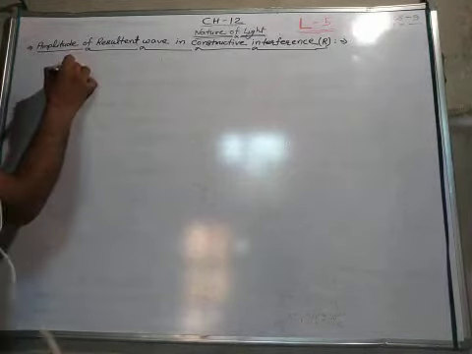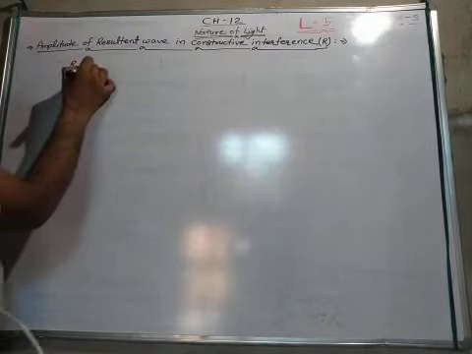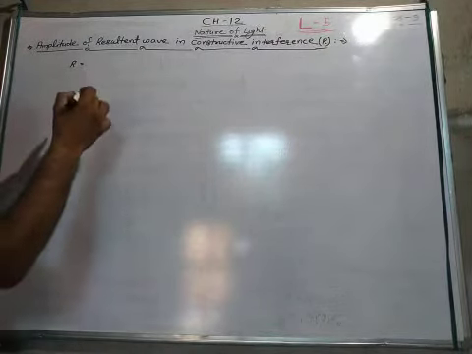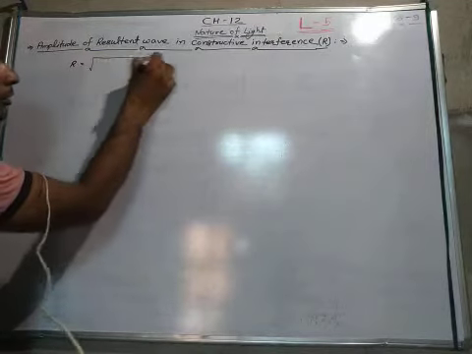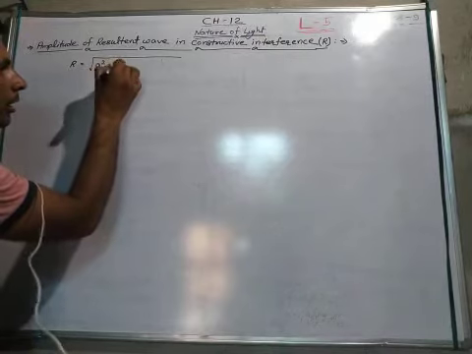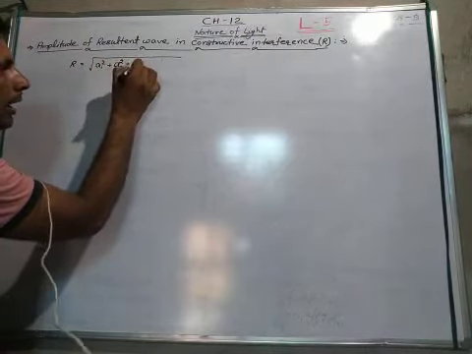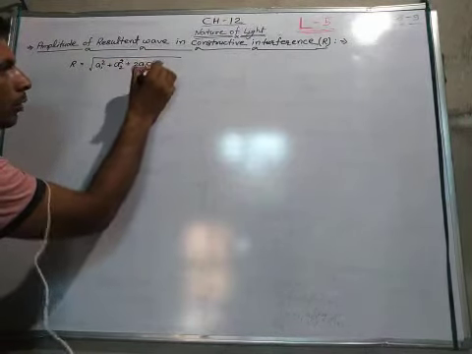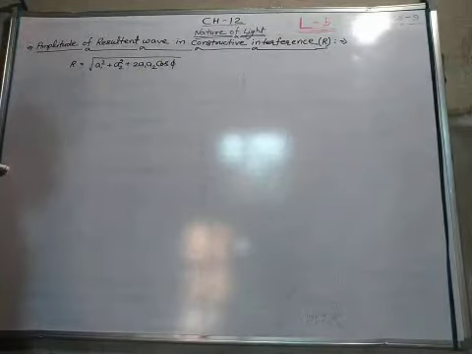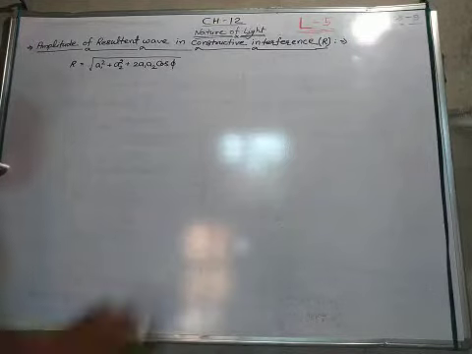We use the formula of resultant amplitude that was derived in the mathematical form of interference, that is under root a1 square plus a2 square plus 2a1 a2 cos phi. Phi is the phase difference between both waves.